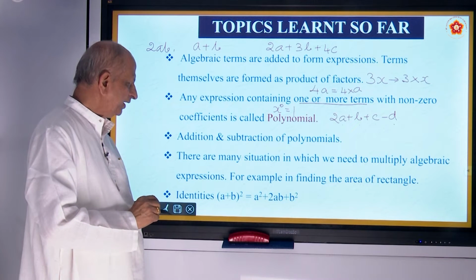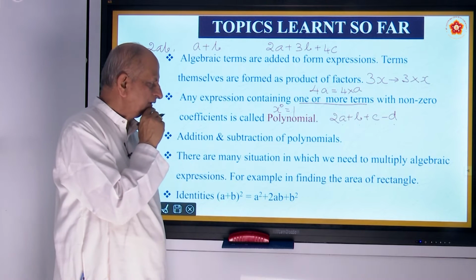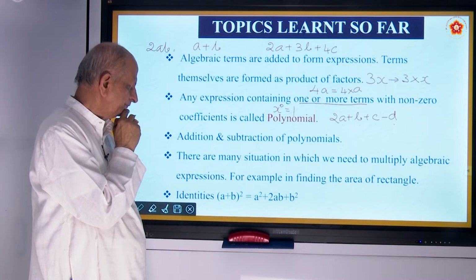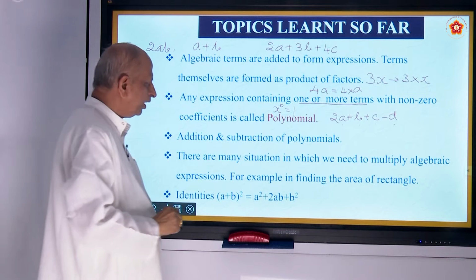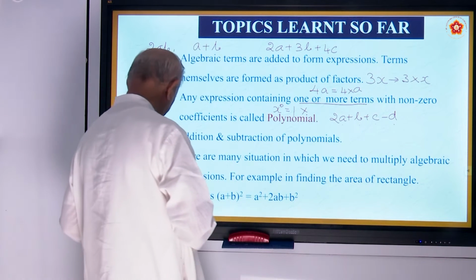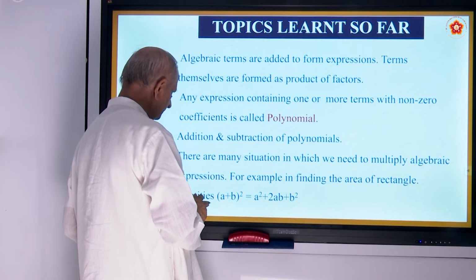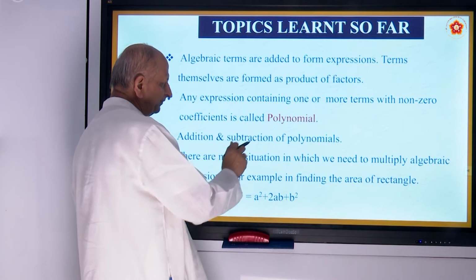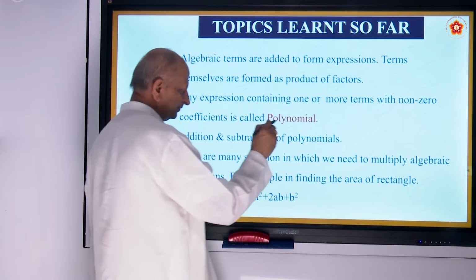So a polynomial is one which has a non-zero coefficient term, correct? And also we have seen that addition and subtraction of polynomials is possible when the terms are like terms.